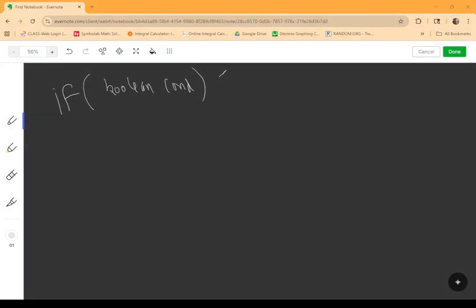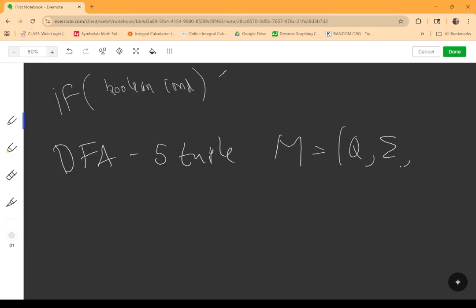Here, our formal definition is a 5-tuple, so not an ordered pair, not an ordered triple, but an ordered 5-tuple. A DFA, which we call M, is a 5-tuple consisting of the five things Q, sigma, q naught, delta, and F. Let's define what these things are.